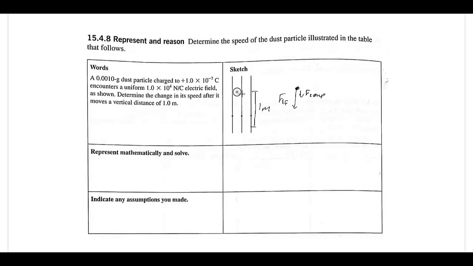So what I'm going to do is use energy to solve this, because if we assume that after 1 meter it has reached some sort of 0 reference point, so to speak, then we know that up here it started off with some gravitational potential energy, and the E field was also doing some work to help it move.